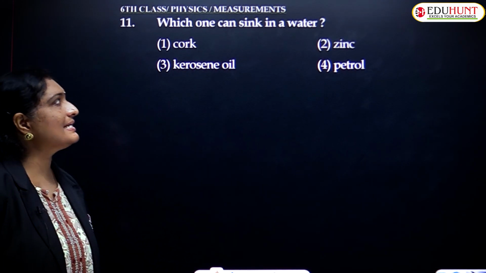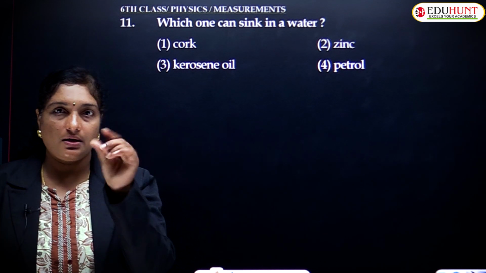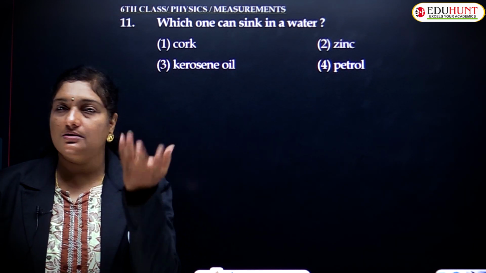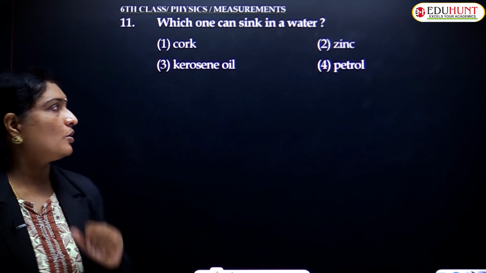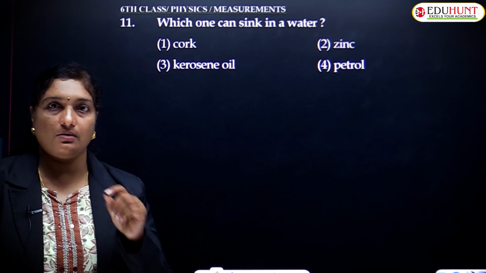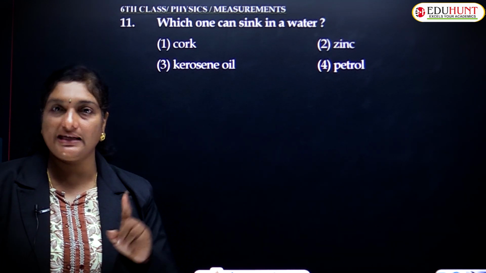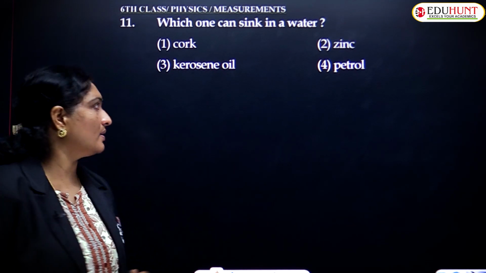Which one can sink in water? Let us see. Cork, you know, rubber cork. That cork is very light in weight, which means its density is less. So definitely cork will float on water. Now zinc is a metal. Metals' density is generally more when compared to water. So definitely this zinc, the metal substance, will sink inside the water.